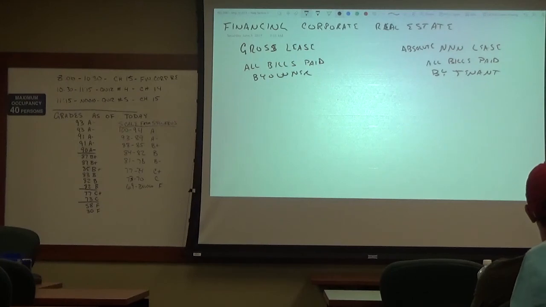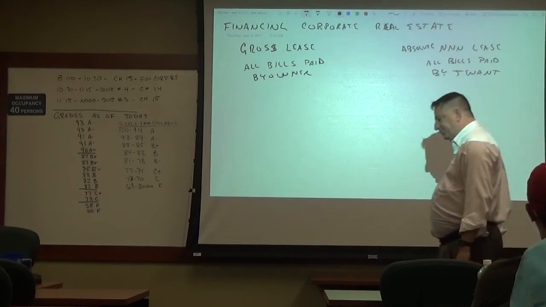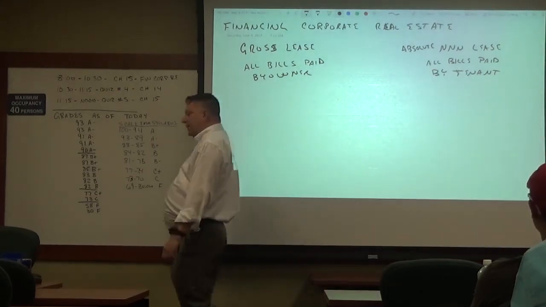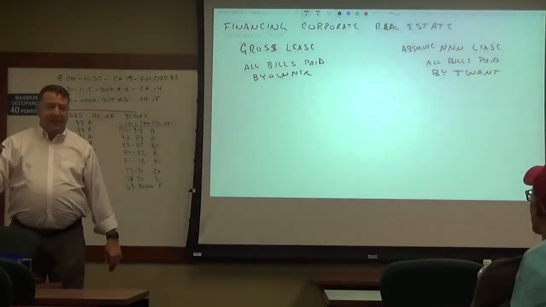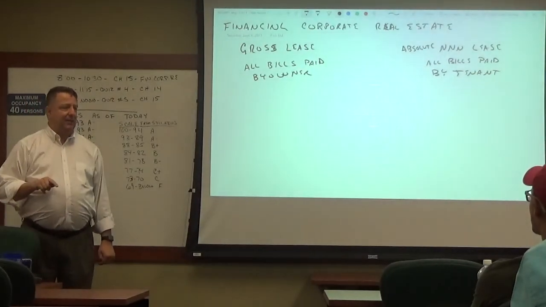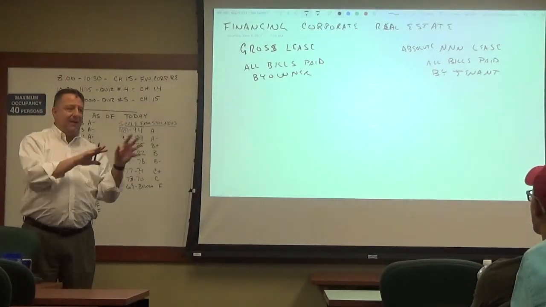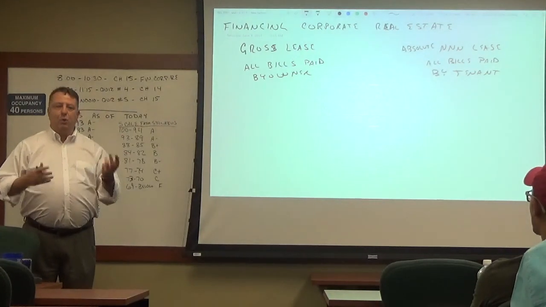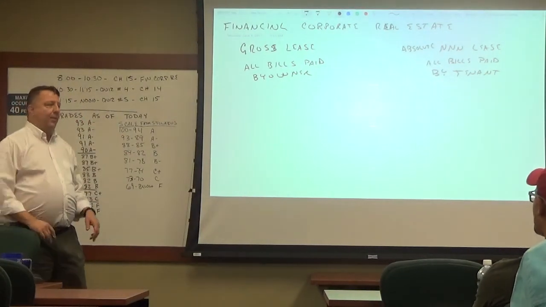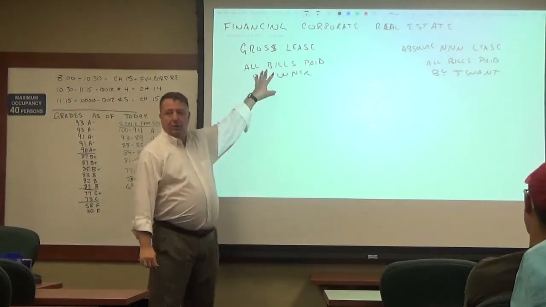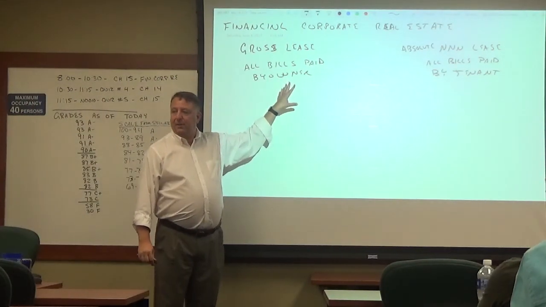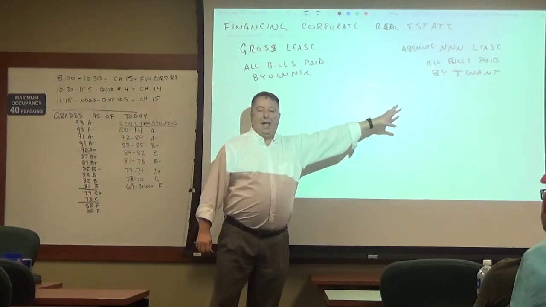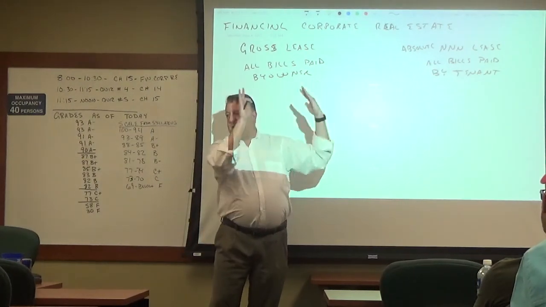Does that make sense? And the weird thing about this that you will find is that in different markets, even within the same state, it's not even a state by state kind of thing. It's a city by city sort of thing. You may have some cities that are dominant gross lease environments, and other cities that are more absolute triple net, or somewhere in between.